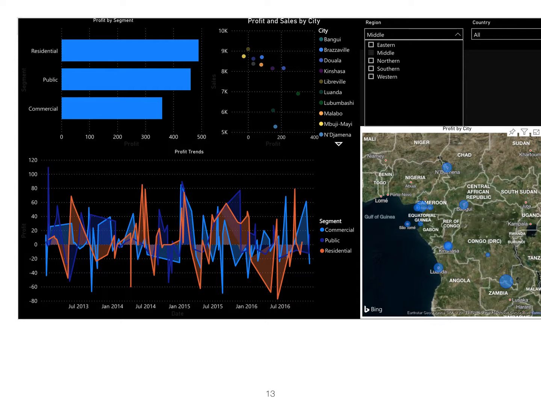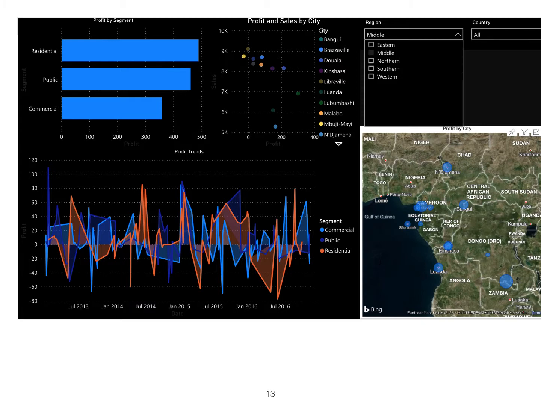And the next slide is the middle region. So if you select right where my cursor is, the middle region, you see the different countries found in the middle region. So you have Cameroon, Chad, Central African Republic, Gabon and others.